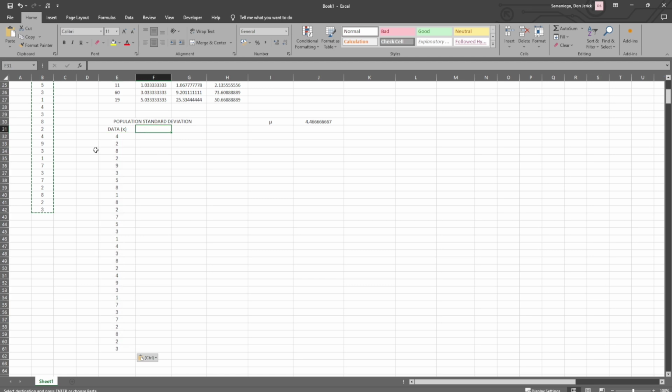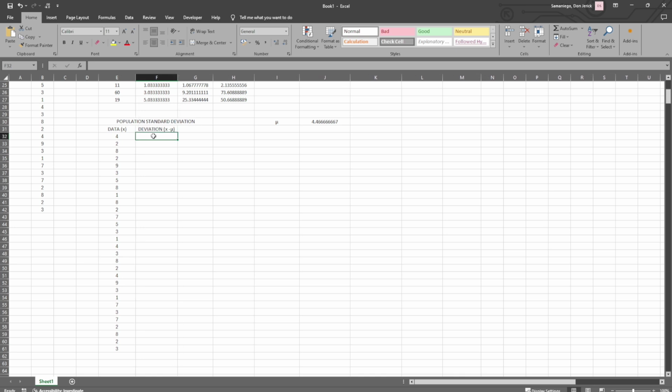The next is the deviation of x minus u, which is equal to the data x minus the u. Then we can click F4, then spread.